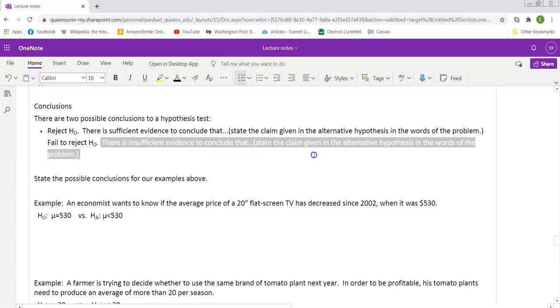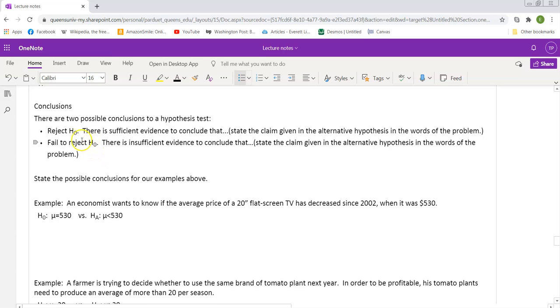The other possible conclusion is that we fail to reject H0. If we fail to reject H0, that tells us that there is insufficient evidence to conclude that thing we were looking to demonstrate statistically. Okay? So let's go through our examples and state the possible conclusions that we have.